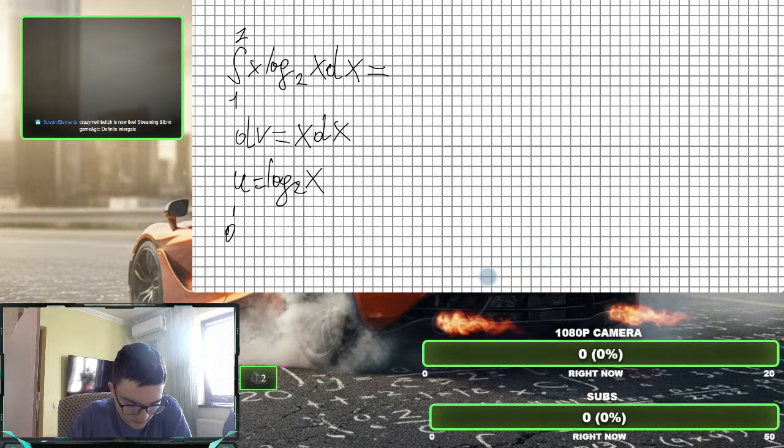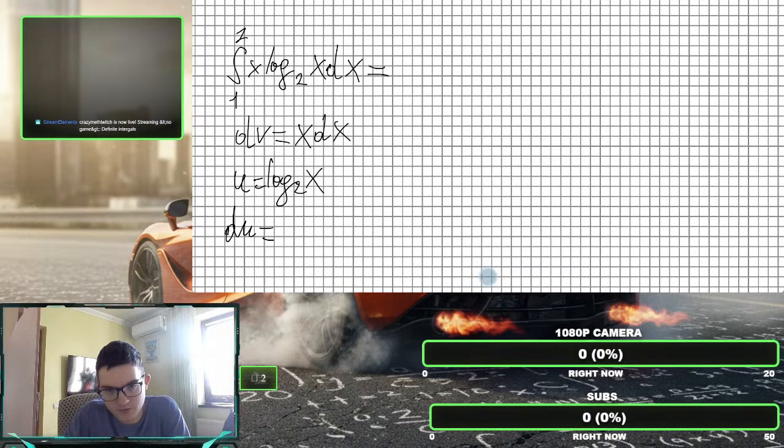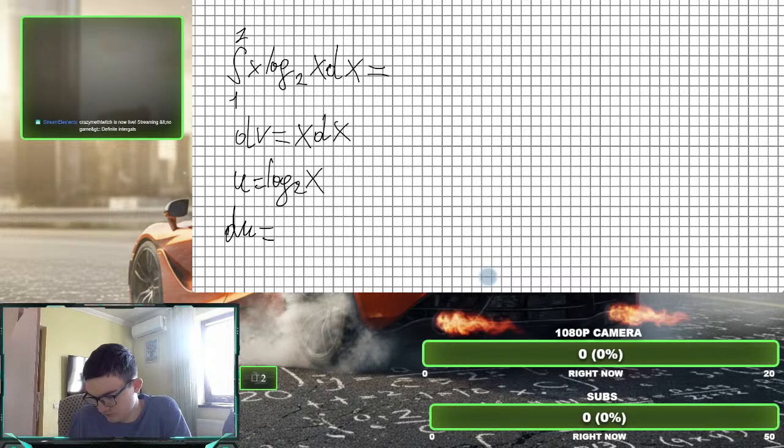Now derivated du. Not sure what the derivative is for log 2x. Let me see the formulas. It looks like there's a formula for this.